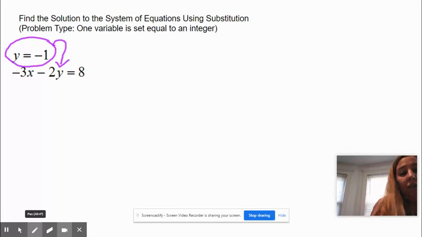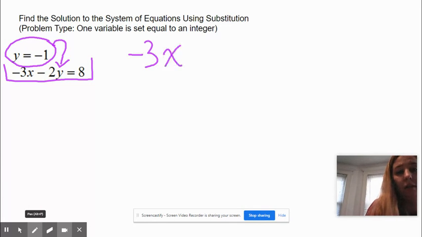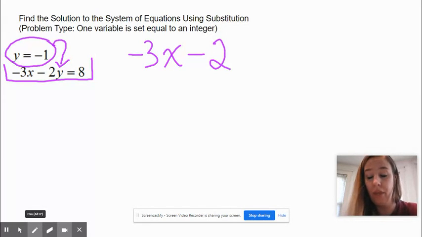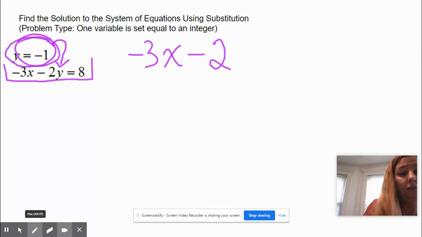So I'm just going to rewrite this equation, so negative 3x minus 2, but instead of writing y, I'm going to write what I know y is. And I know y is negative 1 because it says so right there. Negative 1.